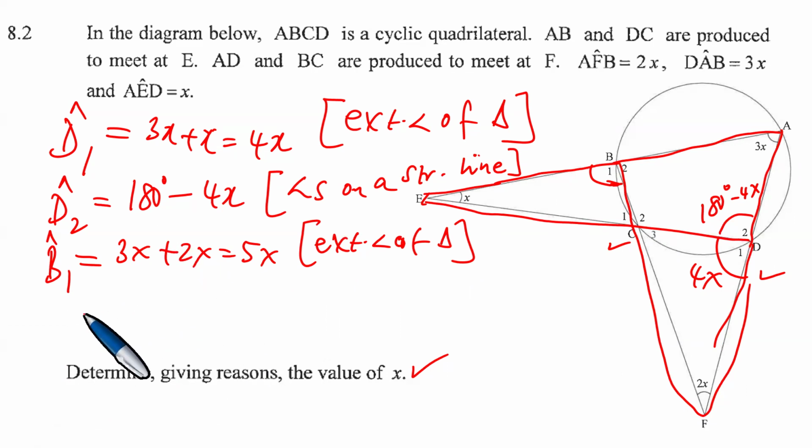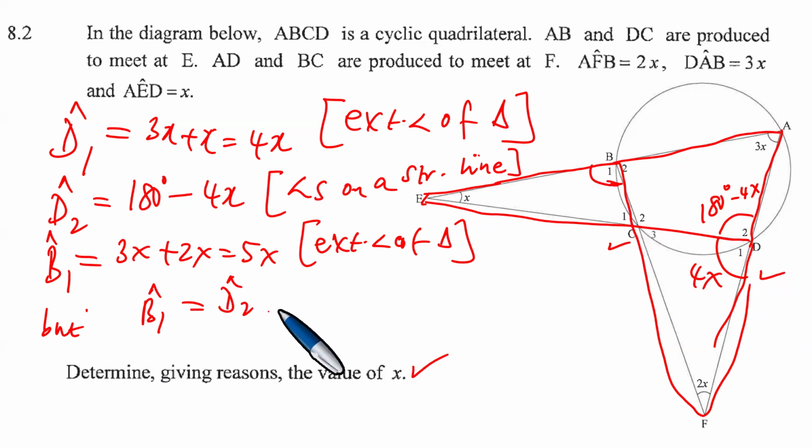But the angle B1 is actually equal to the angle D2. Why is this the case?